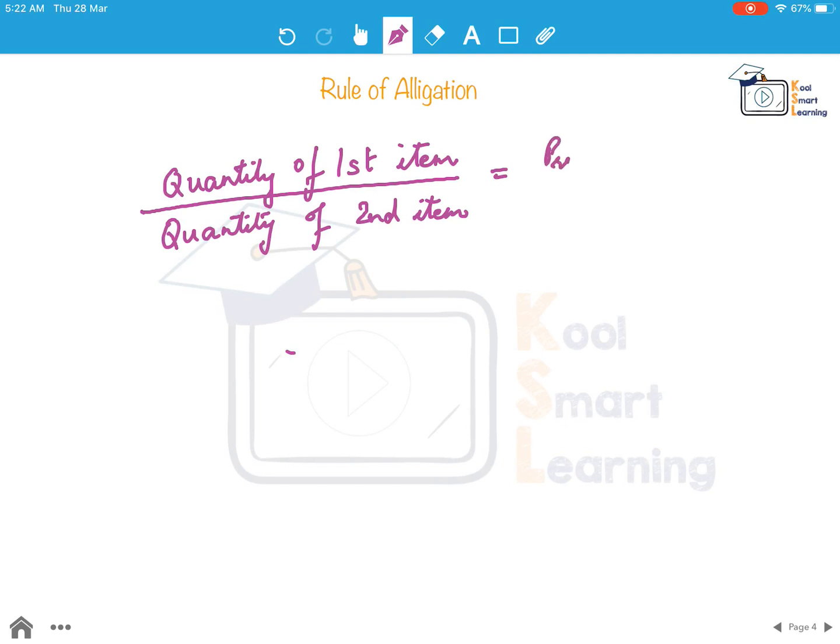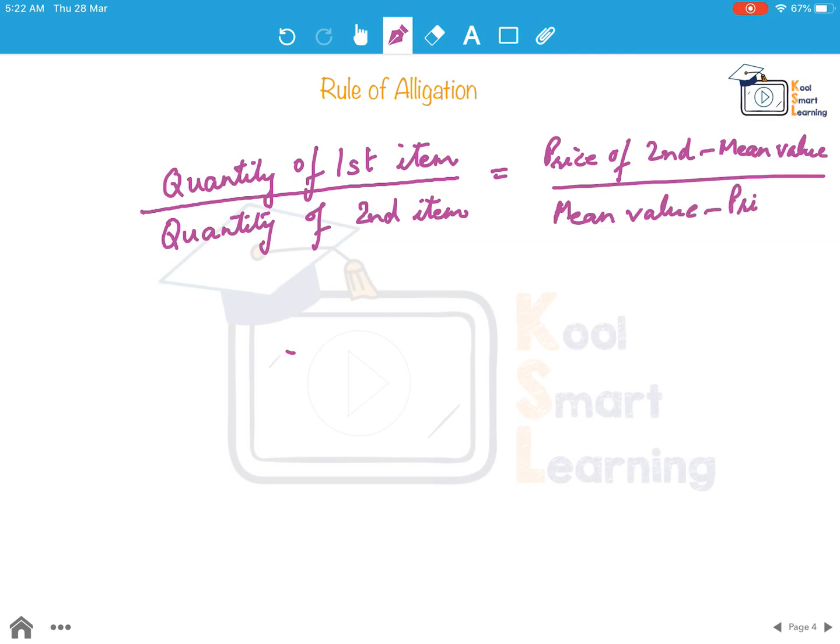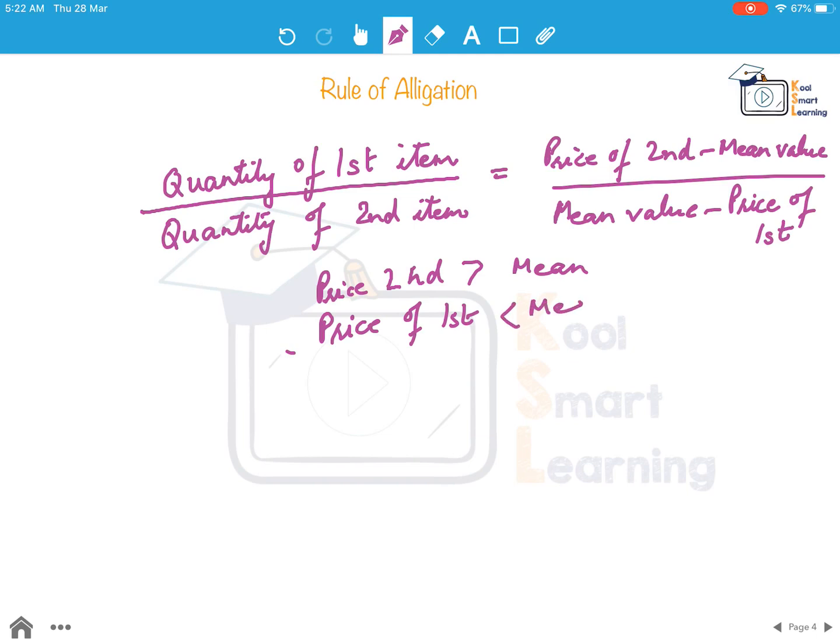So we'll say: price of second minus mean value, divided by mean value minus price of first, assuming that the price of second is more than the mean value and the price of first item is less than the mean value.